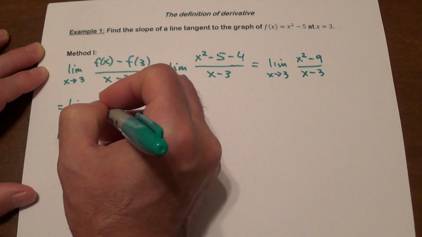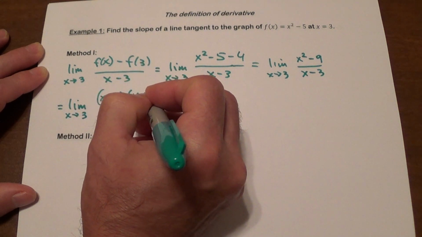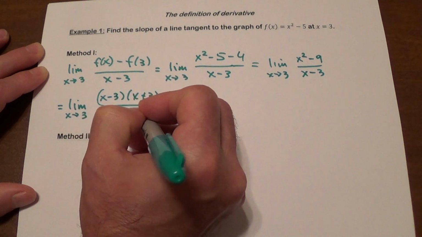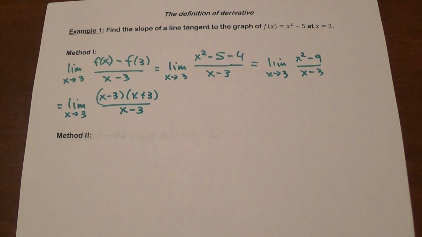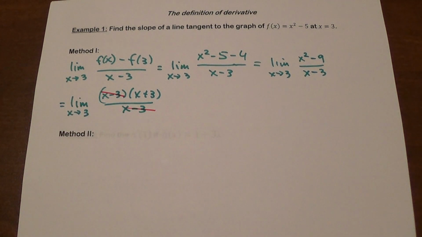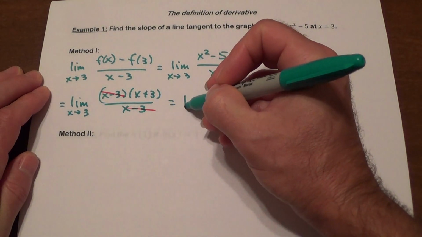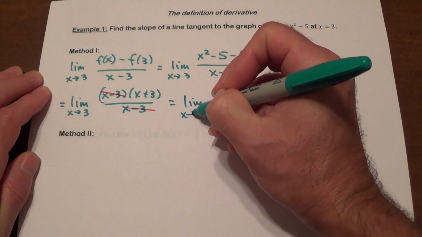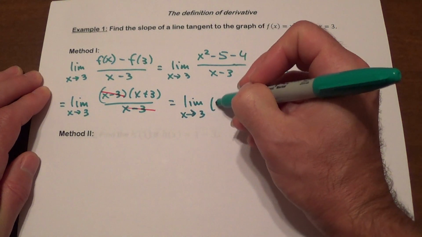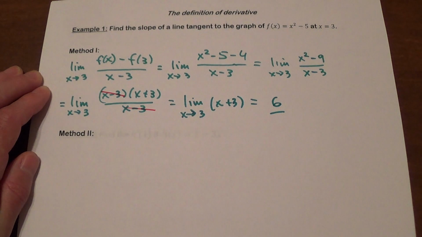You can factor the numerator as x minus 3 times x plus 3 divided by x minus 3. So you can see that the part with x minus 3 is going to cancel. And then you're just going to have the limit as x approaches 3 of x plus 3, and direct substitution here gives you 6.